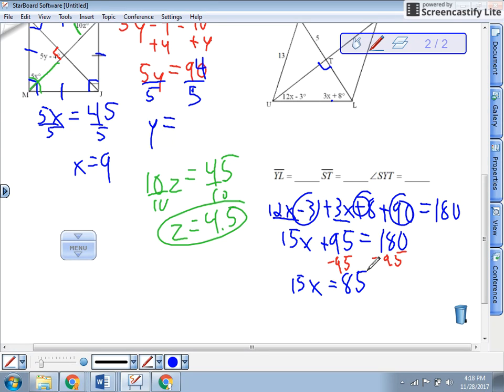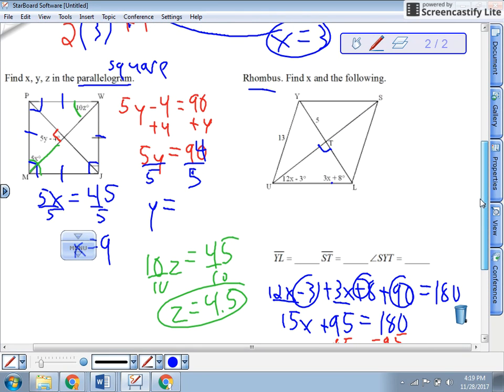Okay, I'm going to divide each side by 15. And I'm going to get x equals 5.667. All right, 5 2/3. Decimals are okay. All right, so plug that in. Okay, so now that's what x is. Now we can use that to find all this other information.